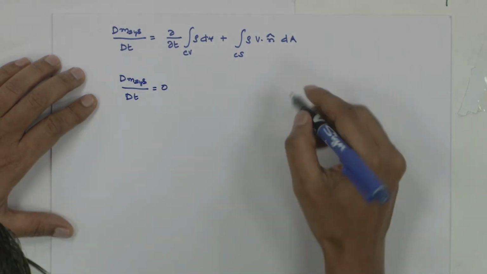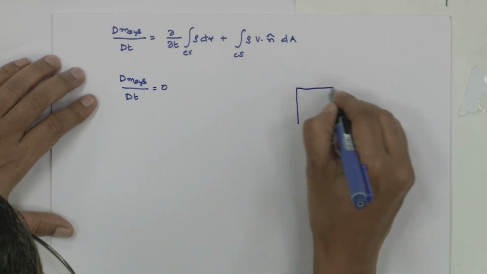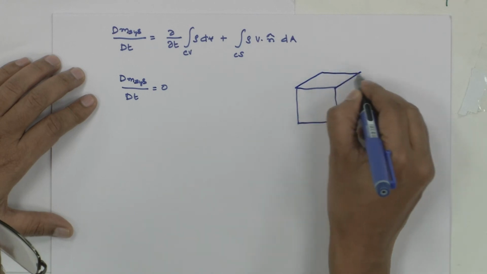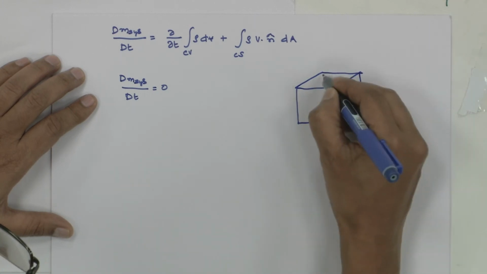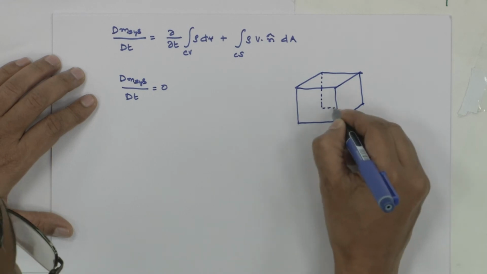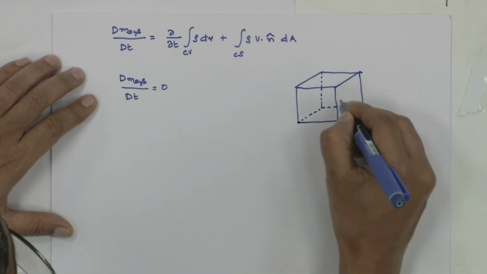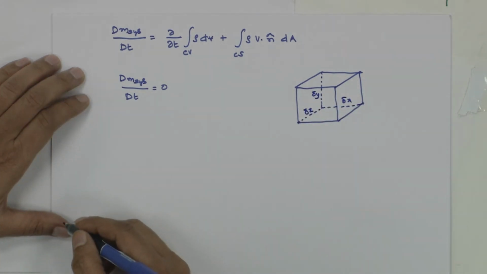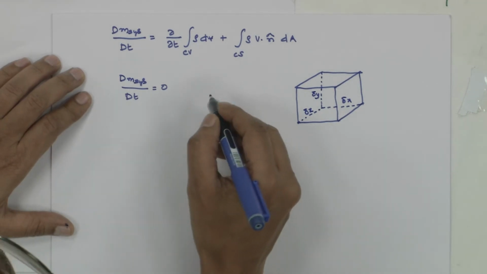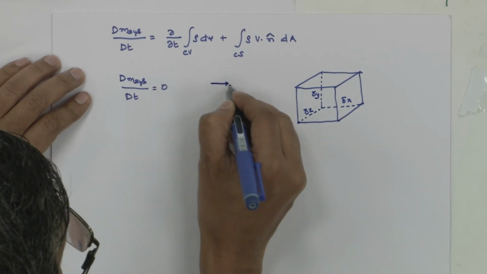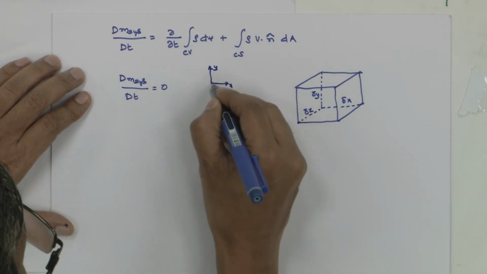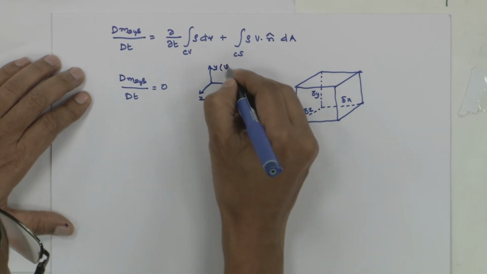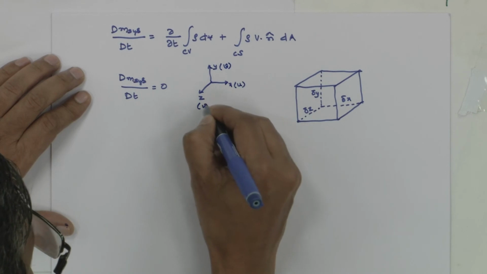Now let us take a small elemental volume, having dimensions delta x, delta y, delta z. Let me remind you, these are the directions x, y, z, and the velocity in the x direction is u, in the y direction is v, and in the z direction is w.